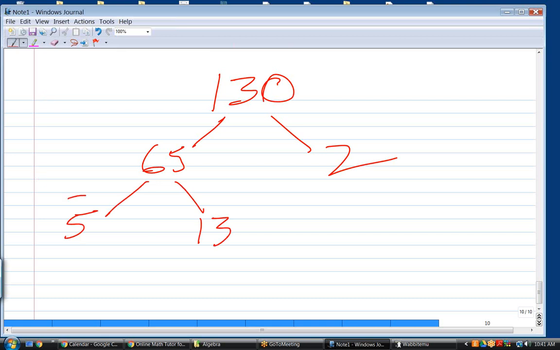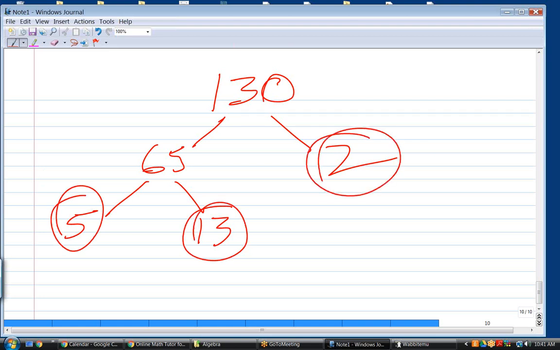That's prime, and that's prime. What that tells me is that those are the only three prime numbers that divide evenly into that. But obviously, 2 times 13 would be 26, and it would also divide into that. So 26.